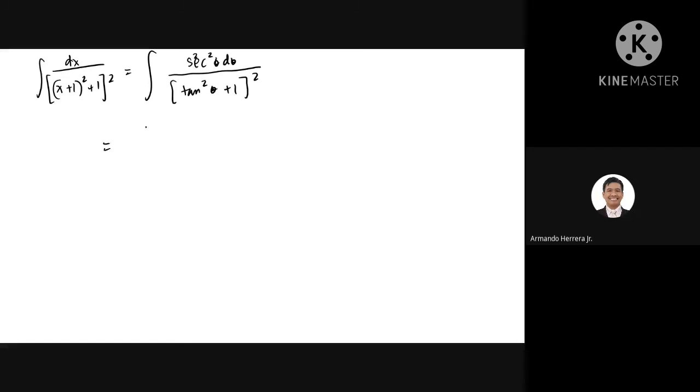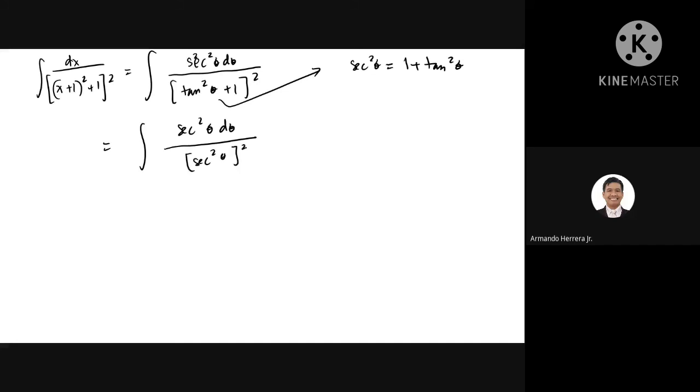So this is equal to secant squared theta d theta over, using the Pythagorean identity, secant squared theta equals 1 plus tangent squared theta. So that is simply secant squared theta raised to the second power. So that is integral of secant squared d theta over secant to the fourth theta.